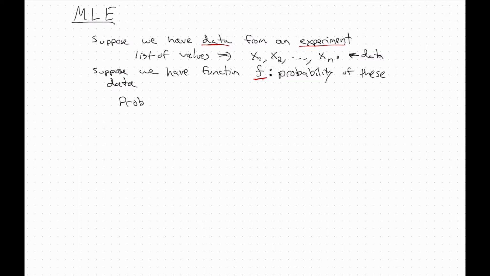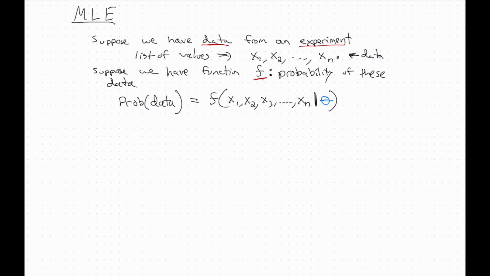We can consider the probability of the data as essentially being a joint distribution over all of our observations. So what's the probability we get this value for x1 and this value for x2 all the way up to this value for xn? Oftentimes we also assume that this distribution has one or more parameters that we'll represent with theta.